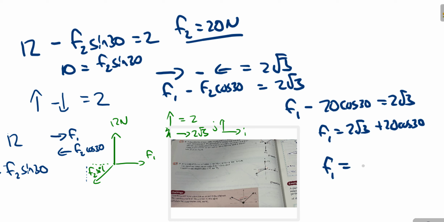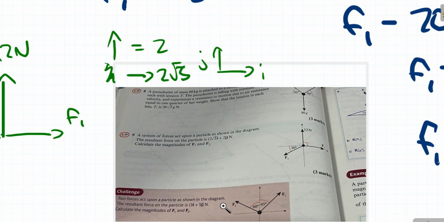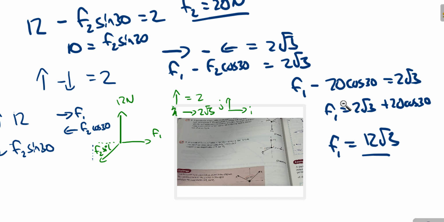So F1 is equal to 12 root 3. And that is everything the question asked for: calculate the magnitude, so that's the magnitude of our force. And that is the end of the questions. If you have any further questions, please let me know.